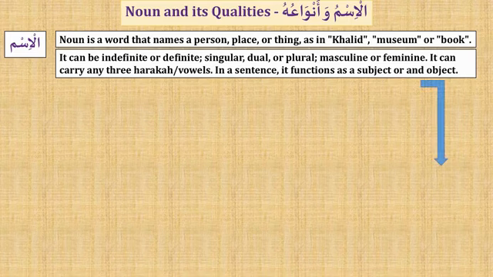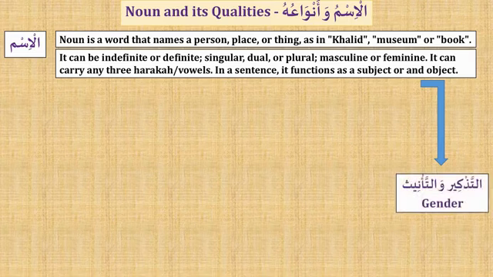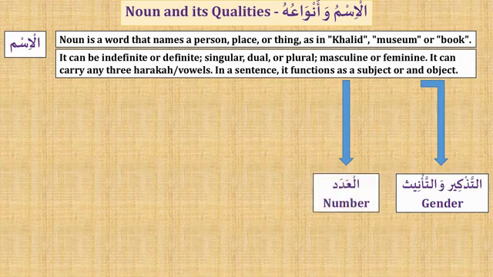Now let's mention what these qualities are. What are the four qualities of noun? The first one, at-tadhkir wa ta'nith, gender. In Arabic, unlike in English, each noun is either masculine or feminine. The second quality is al-adad, numbers, such as singular, dual, or plural.